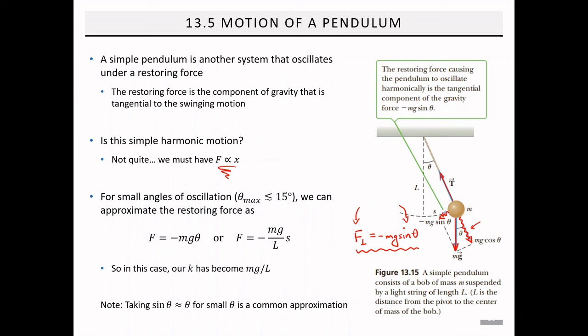However, for small angles of oscillation, we can actually approximate the restoring force as minus mg theta. So in a little more detail, if theta is small, then we say that the sine of theta is approximately equal to theta.